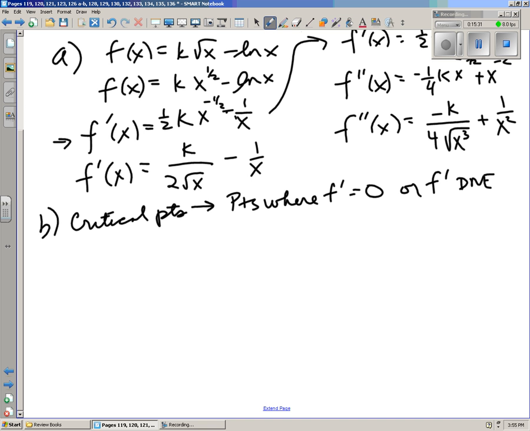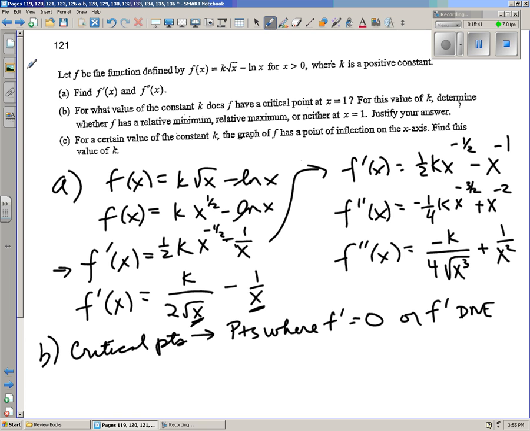The derivative doesn't exist for x less than or equal to 0 because you have a radical and an x in the bottom, but they've already eliminated those values for you. So the derivative exists everywhere on the domain. This doesn't happen, kind of similar to the last problem. But f prime could be equal to 0.